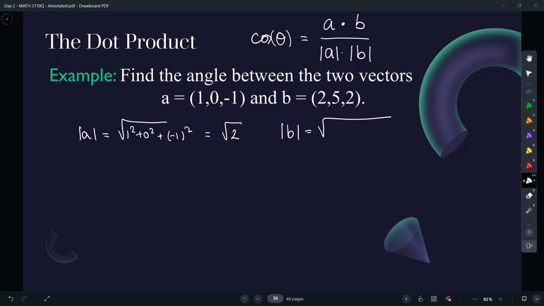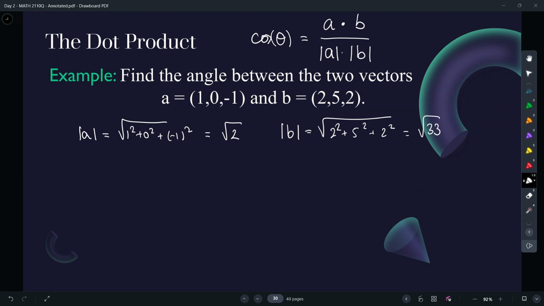The length of B will be the square root of 2 squared plus 5 squared plus 2 squared. So that is 4 plus 25 plus 4, which is 33. Did I need to do all that?